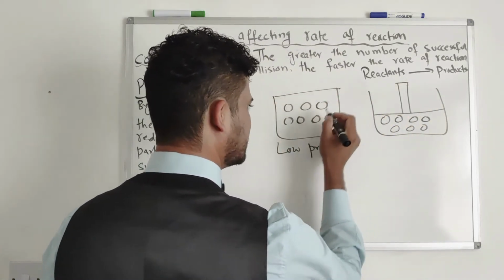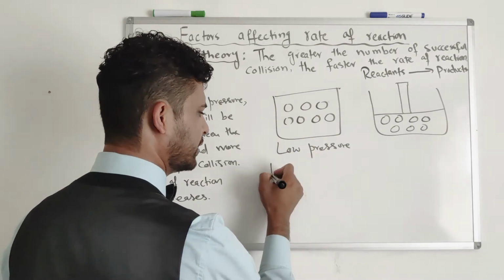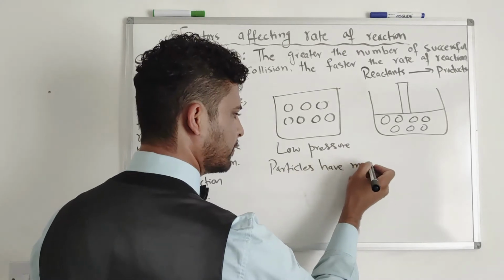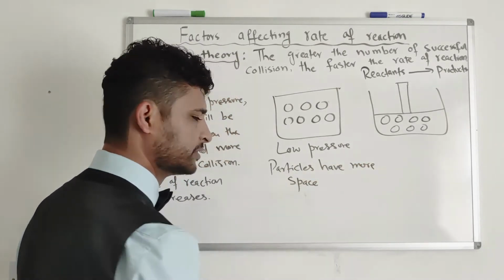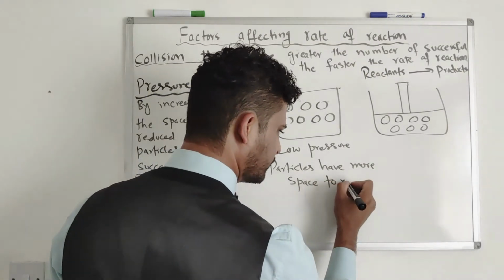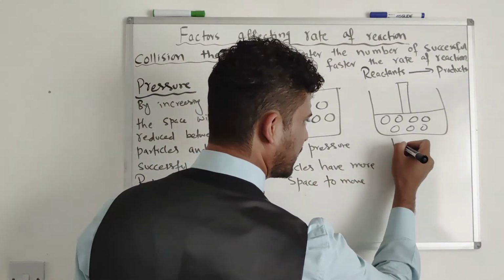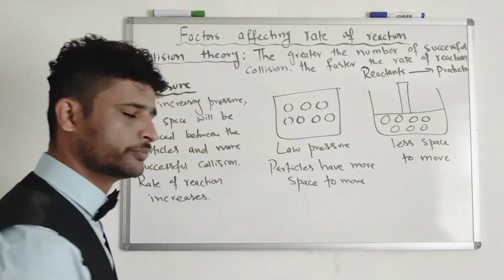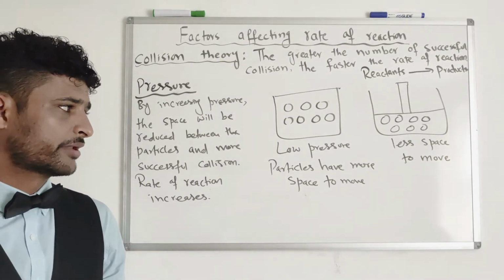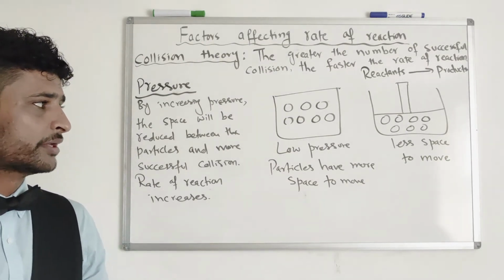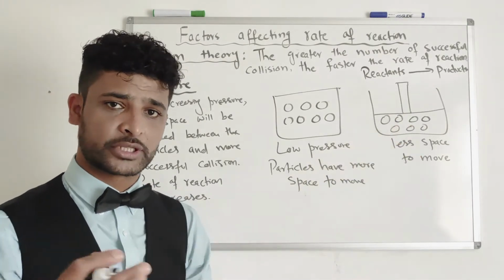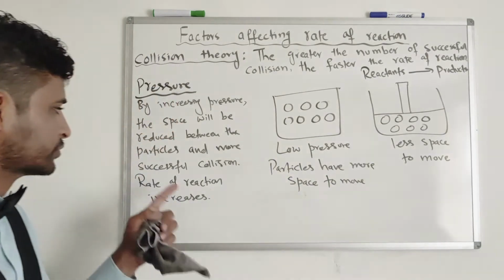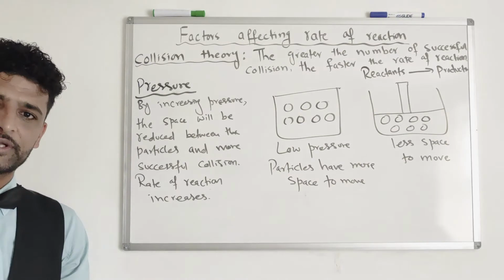So you can see on this side, particles have more space to move, and here you have less space to move, and because of this the reaction will actually happen quickly. The space is smaller, and because particles are constantly moving, the liquid and gases, they will react quickly. Now they have more successful collisions, and the rate of reaction will increase.